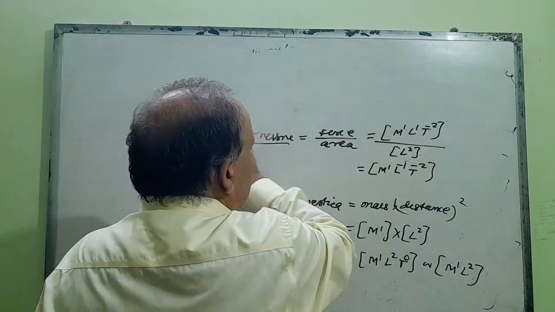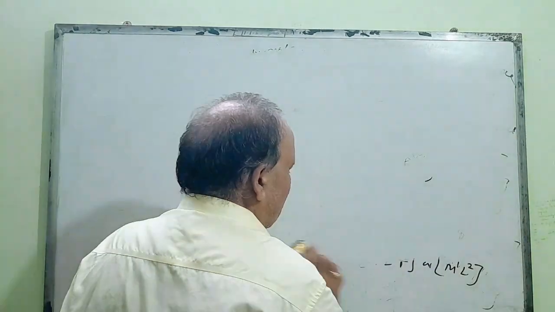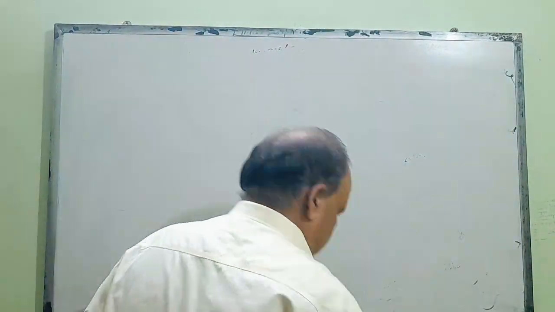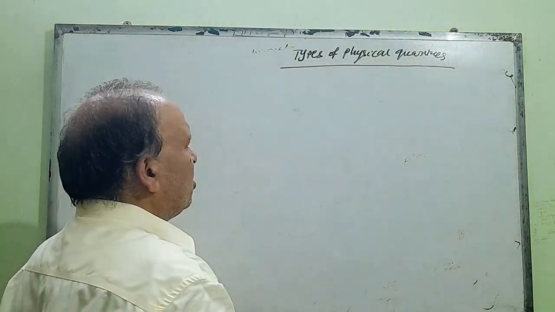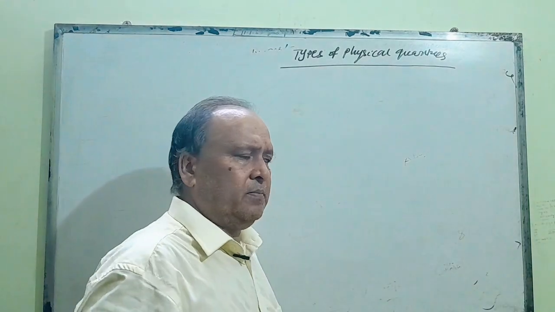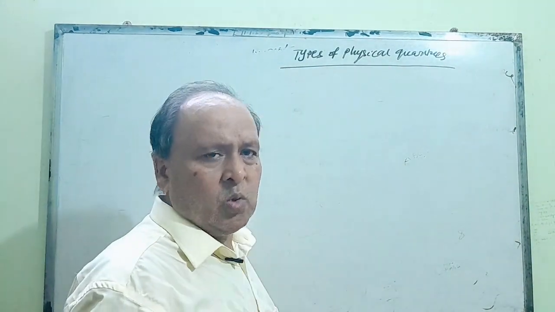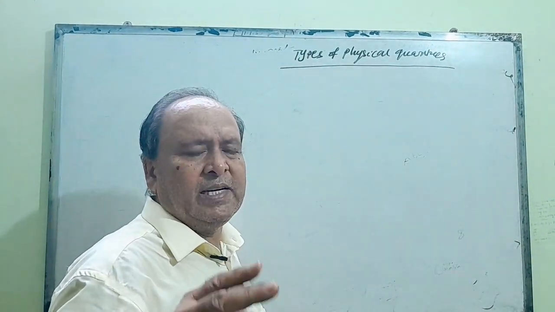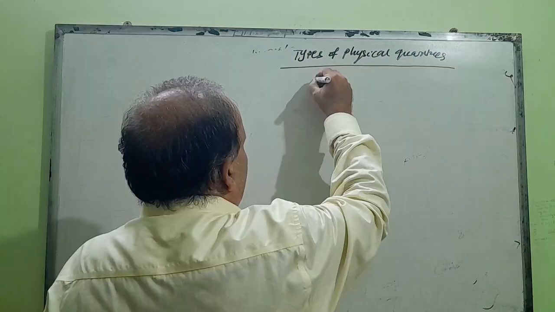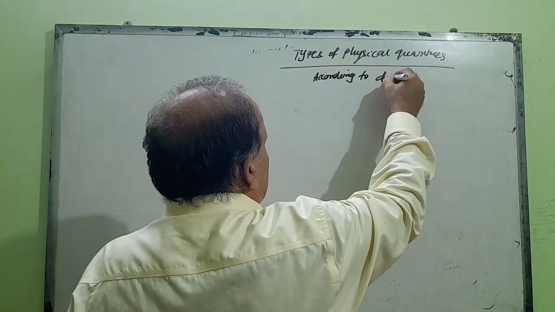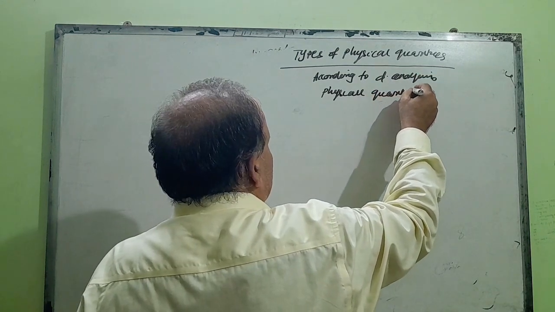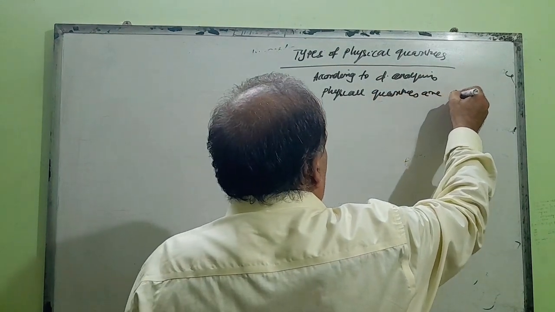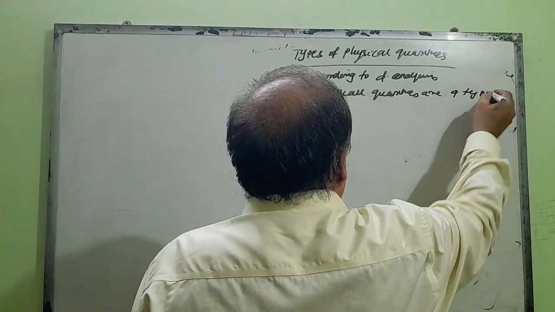Next, come to your types of physical quantity. According to dimensional analysis, you know physical quantities are two types: fundamental physical quantities and derived physical quantities. According to dimensional analysis, physical quantities are four types. What are they?